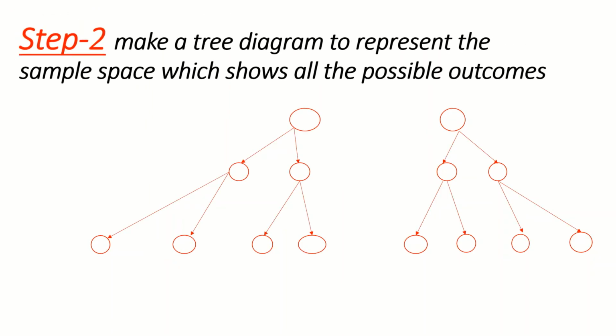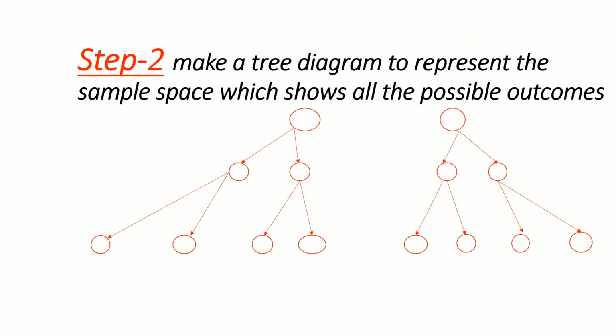Step 2 is to make a tree diagram after knowing the compound events in the first step. Make a tree diagram to represent the sample space, which shows all the possible outcomes. We know that for child 1 it's either a boy or a girl.